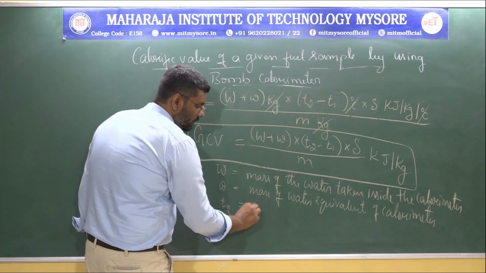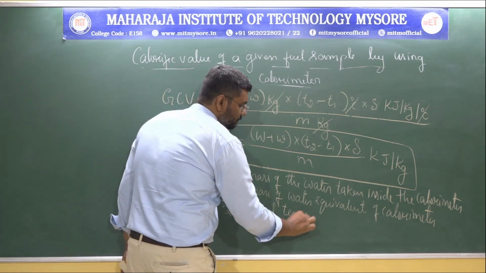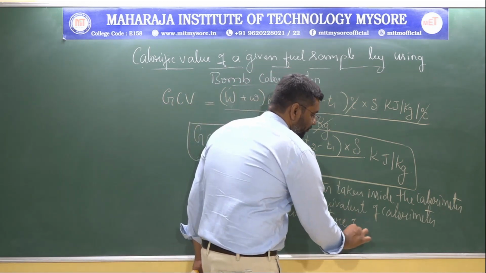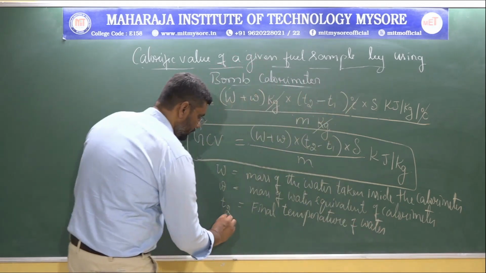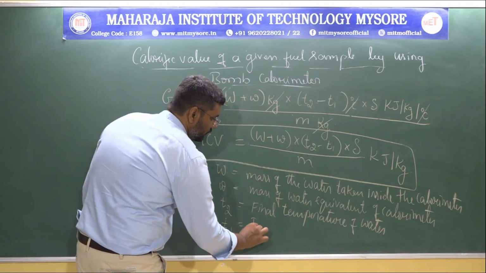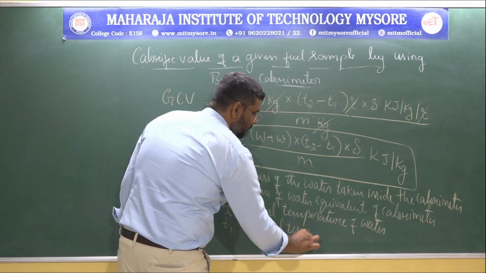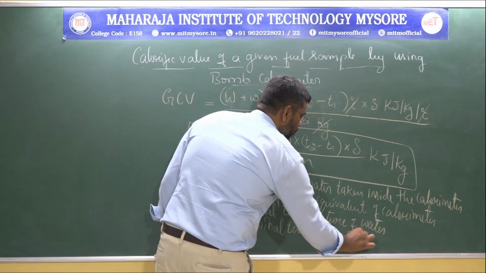T2 is the final temperature. Final temperature of what? Final temperature of water. And T1 is the initial temperature of water.